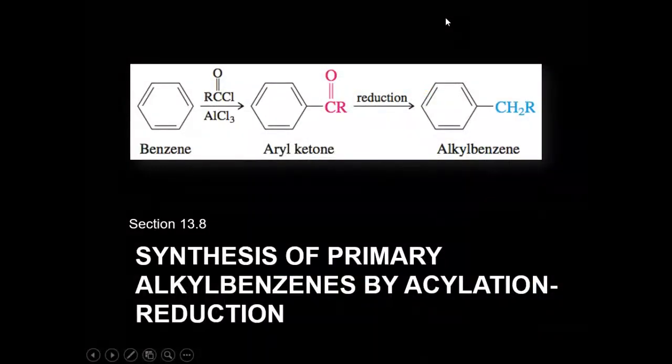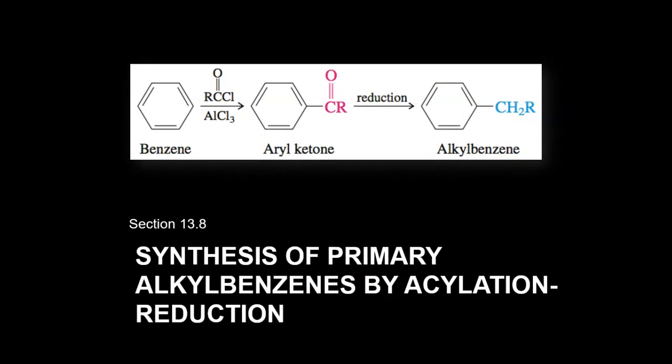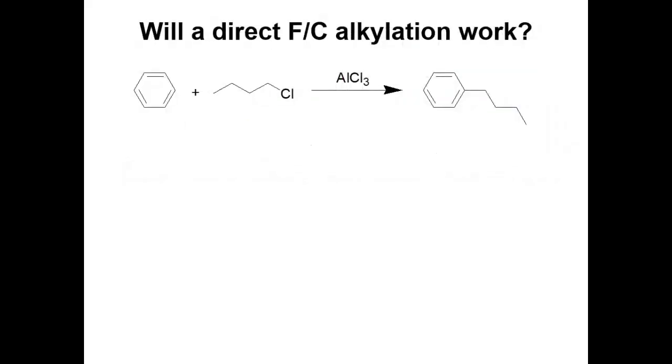Now, having learned those two Friedel-Crafts types of reactions, let's discuss the synthesis of alkyl benzenes, especially primary alkyl benzenes. Let's say you are given the task of synthesizing this compound, starting from the unsubstituted parent benzene.